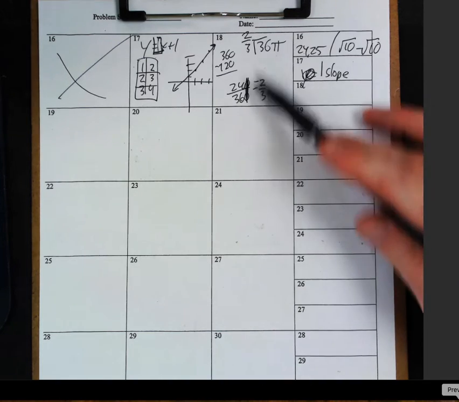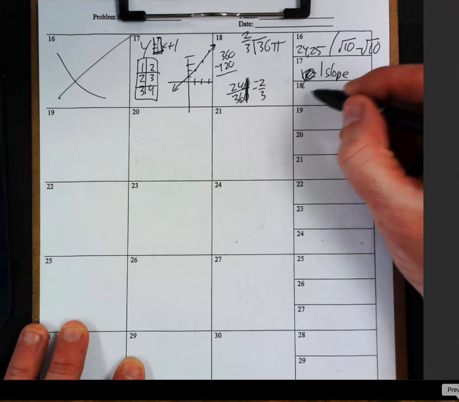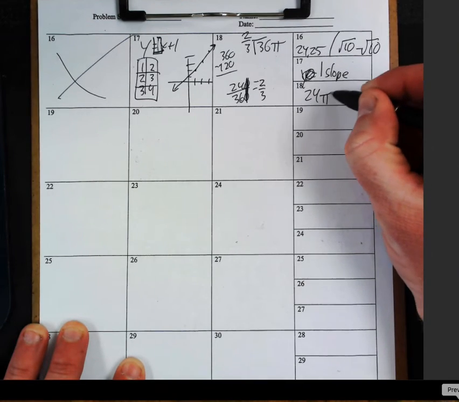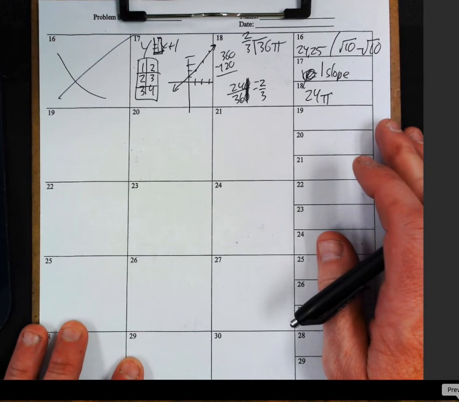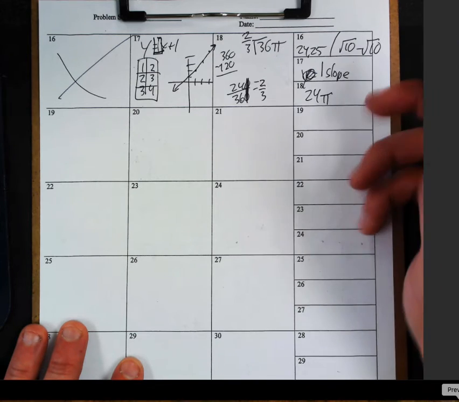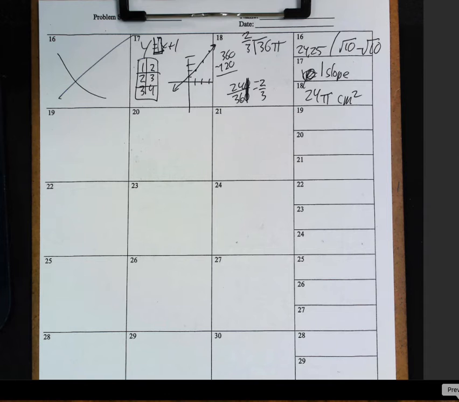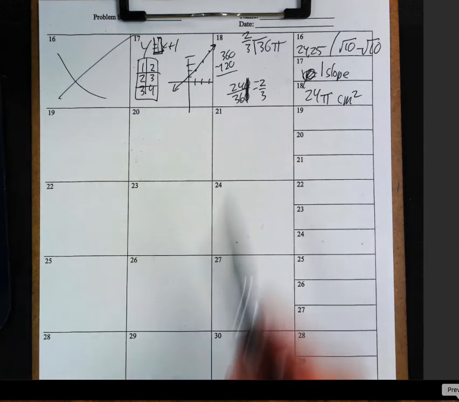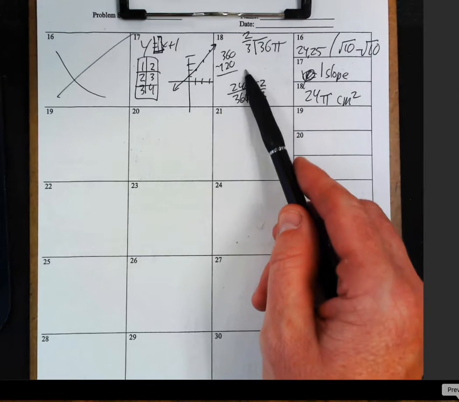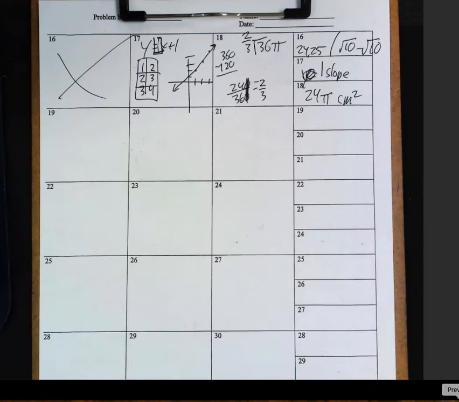So divided, you got 12 times 2, you got 24. So it'd be 24 pi. What are we working with? Centimeters squared. Good review of sectors. Now, we had to subtract, guys, because they gave me the not shaded. They asked for the shaded.